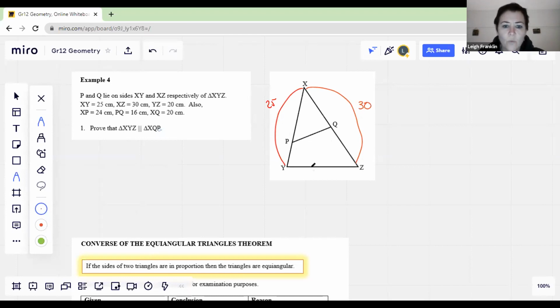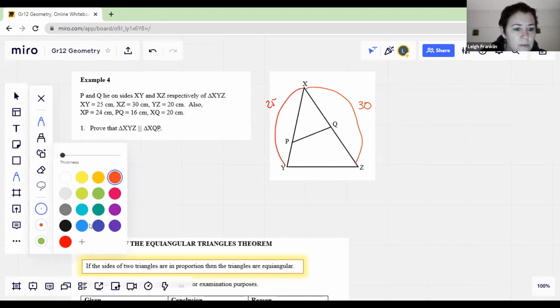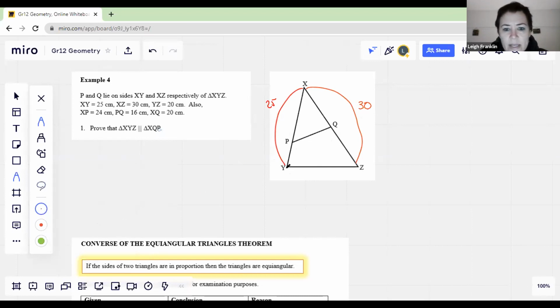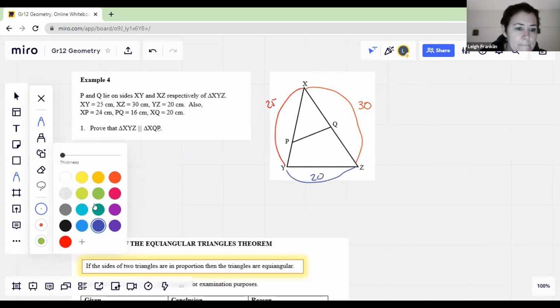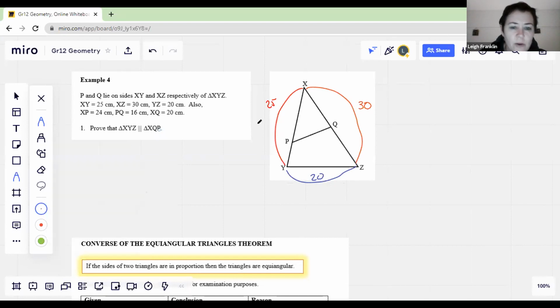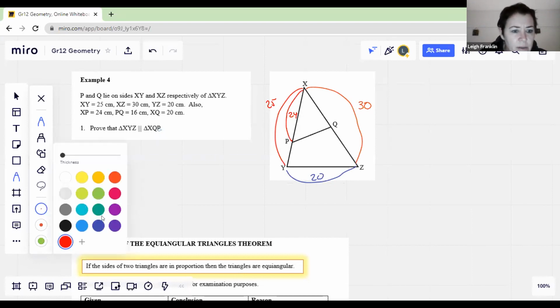Then they tell us that YZ, so that's this one over here, is 20. Also, XP, so let's put XP over here, XP is 24. And PQ is 16.